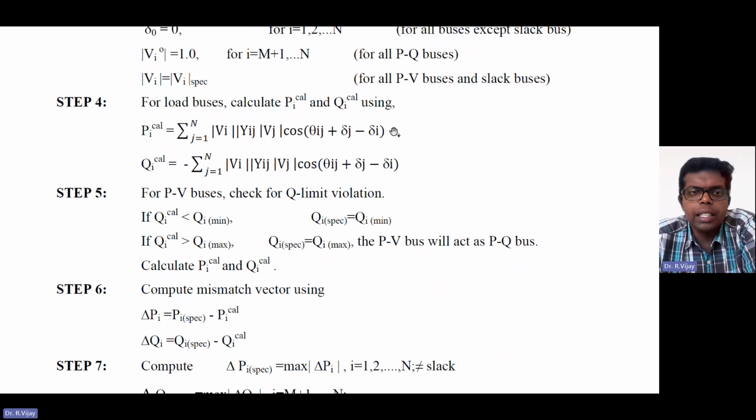So in this step, we need to calculate the P calculated and Q calculated values using these formulas. This step you need to remember.